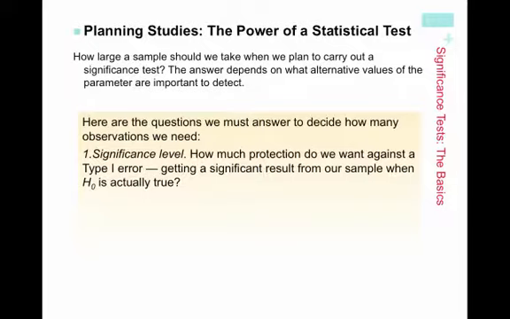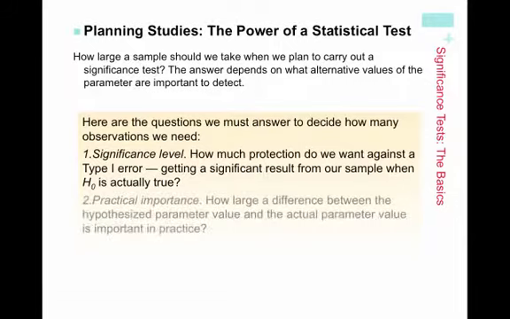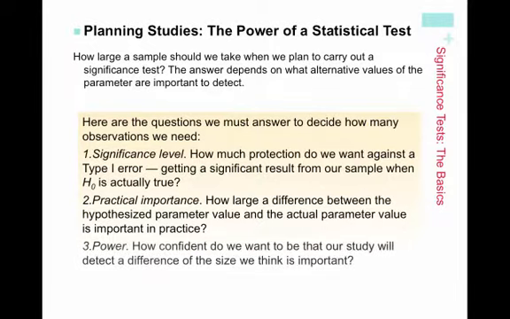That is, getting a significant result from our sample when H sub 0 is really true. The practical importance: how large a difference between the hypothesized parameter and the actual parameter is important? And finally, power: how confident do we want to be that our study will detect a difference of the size we think is important?